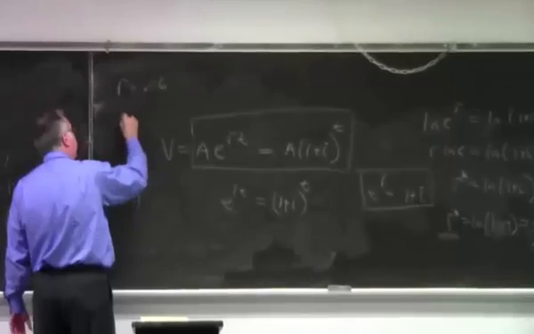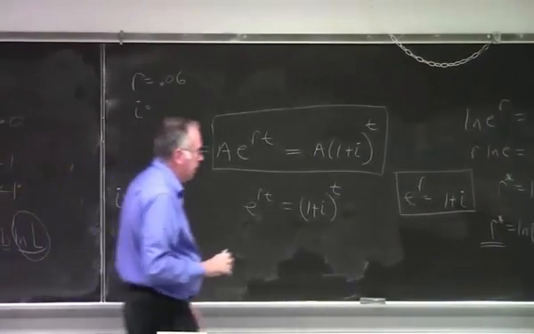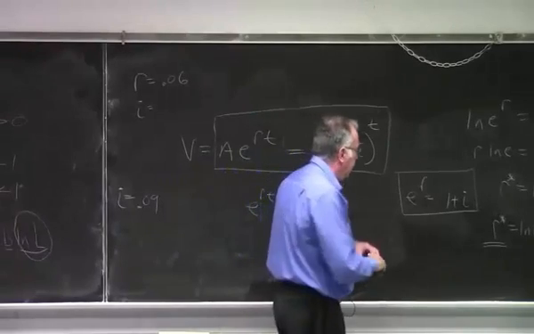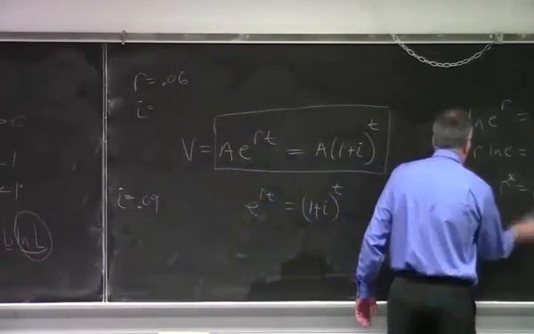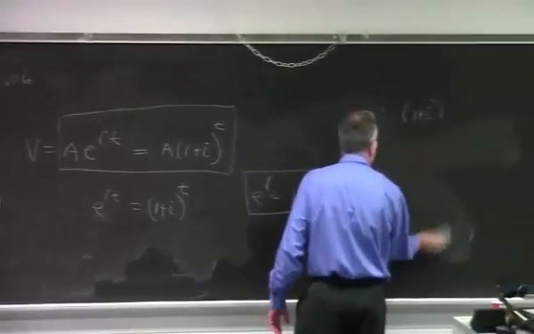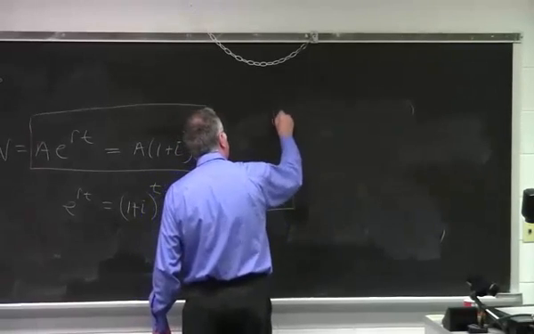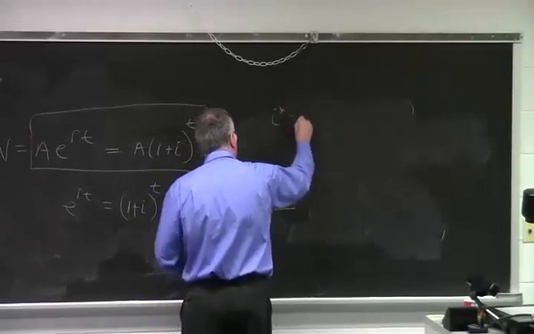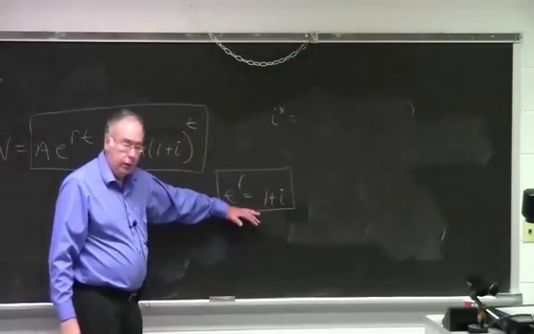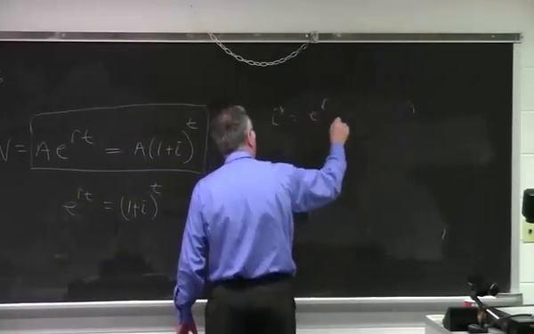What would the equivalent I value be? Then we would want to solve for I. r would be known. So in this case, it would be very easy. I star, taking this formula right here, would just be e to the r minus 1.